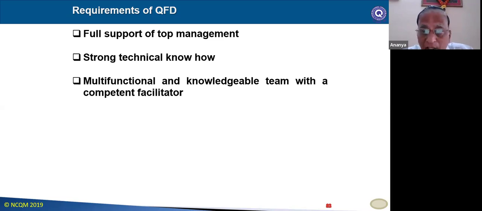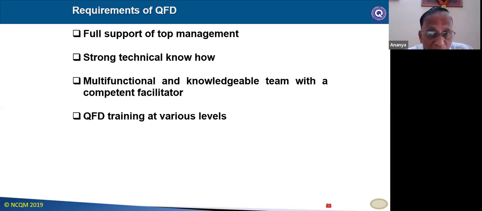Naturally, a multifunctional and knowledgeable team with a competent facilitator. Yes, a very knowledgeable, very senior management person who is acceptable, like any other leader who is going to do that. And of course, very important, as we were just talking about, QFD training at various levels, to understand material specification, maybe related to the light system if it is a camera.